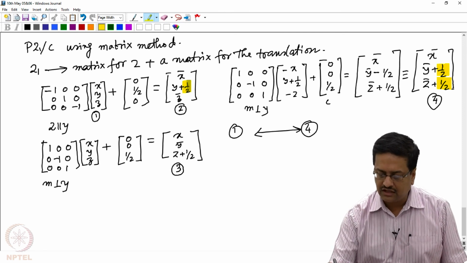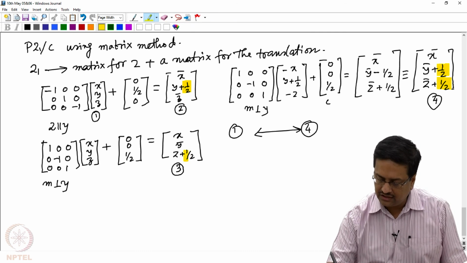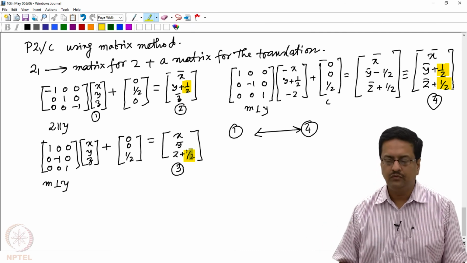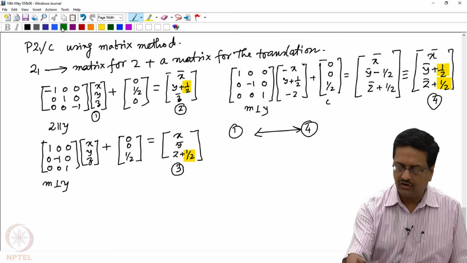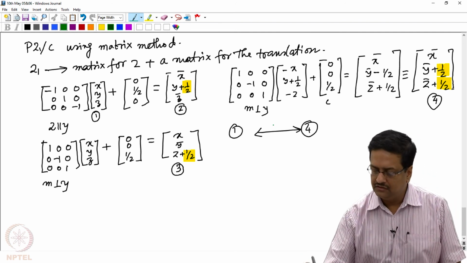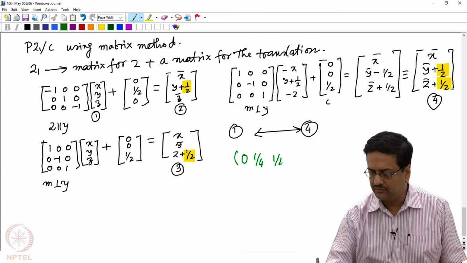Here it is half with respect to nothing, here it is nothing and then half here, which actually indicates that the origin has to be shifted at 0, 1/4, 1/4.